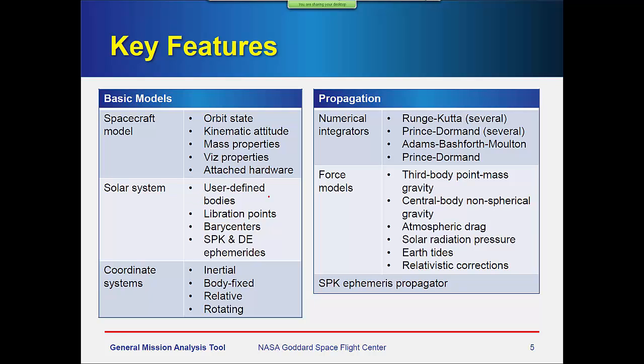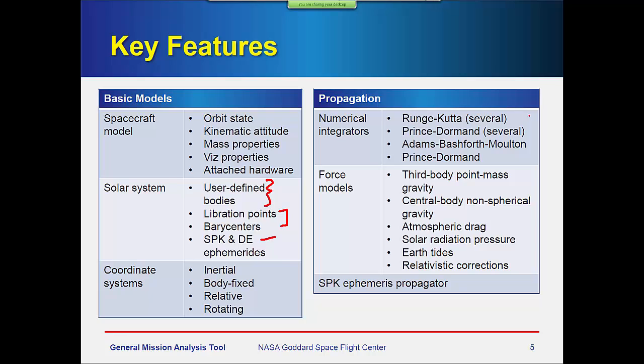For solar system models, SPK and DE files, we can define our own bodies. So user-defined celestial bodies, you can create an asteroid that's not built into GMAT and it'll behave in every way like it was built in. Built-in models for libration points and barycenters. Custom coordinate systems, we have a flexible coordinate system specification environment where you can create your own coordinate systems and they can be used throughout the system.